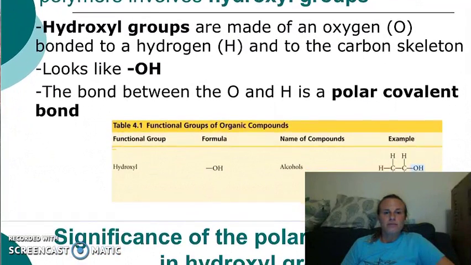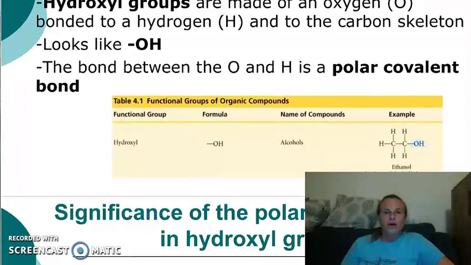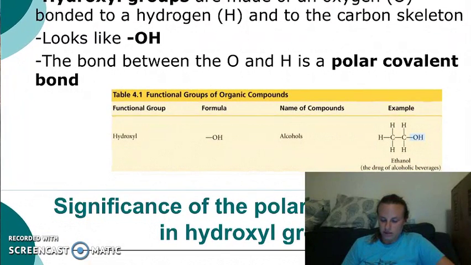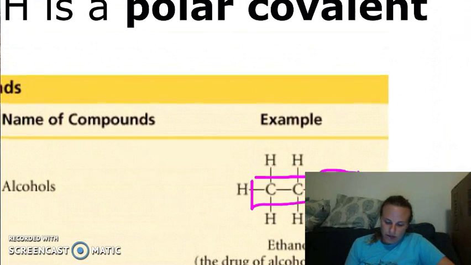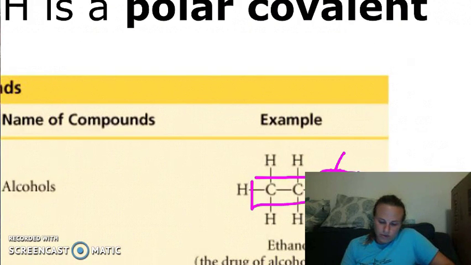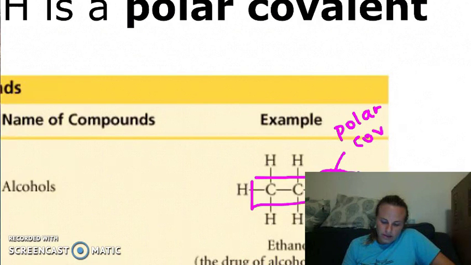So for example, here's our hydroxyl group bonded to our carbon skeleton, and within our hydroxyl group you will find a polar covalent bond.